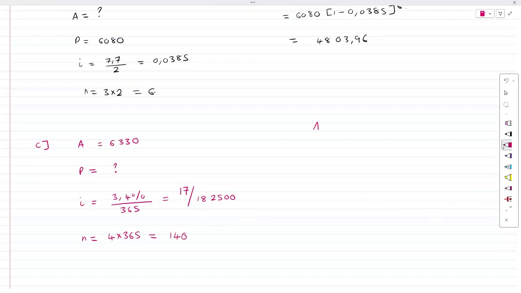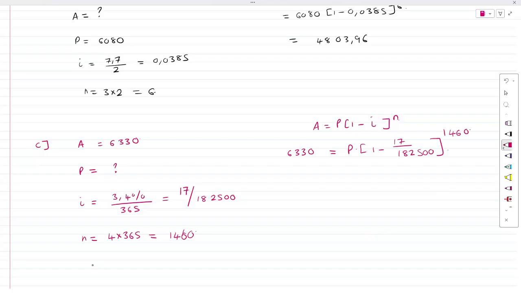Please double check all answers in case of algebra mistakes. And let's work with this. So P's answer is unknown. This is 6330, this is 1 minus 17 over 182,500, to the power of 1460.